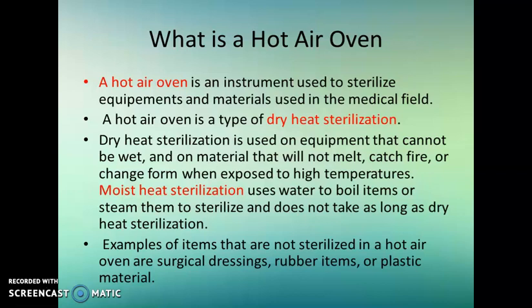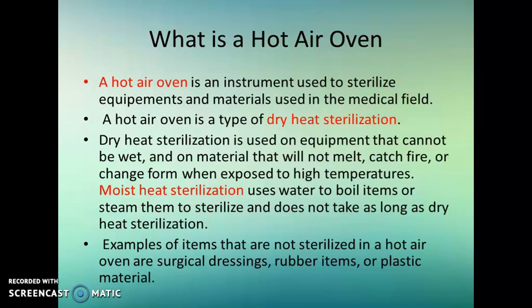The materials we keep in dry heat sterilization should be dry enough. Otherwise this method is not efficient. If it is wet, the sterilization will be inefficient.